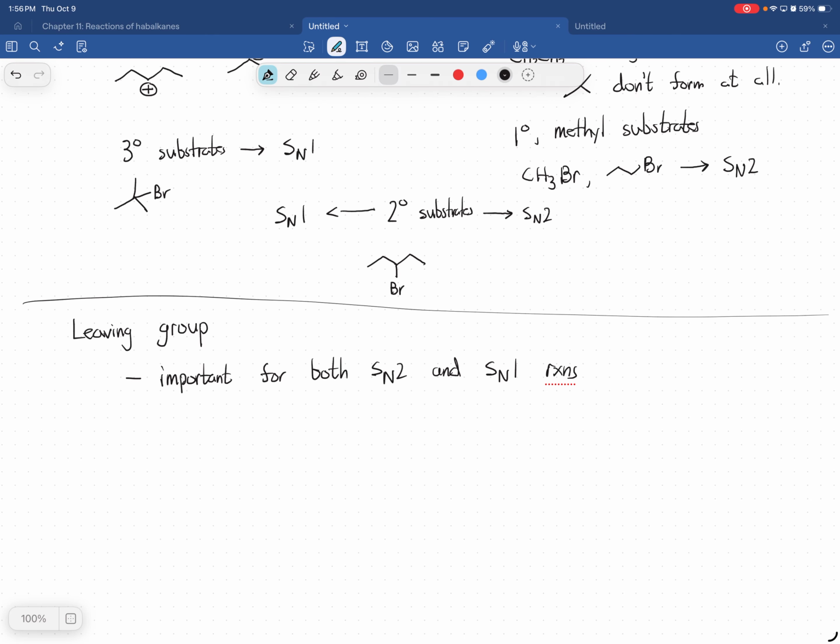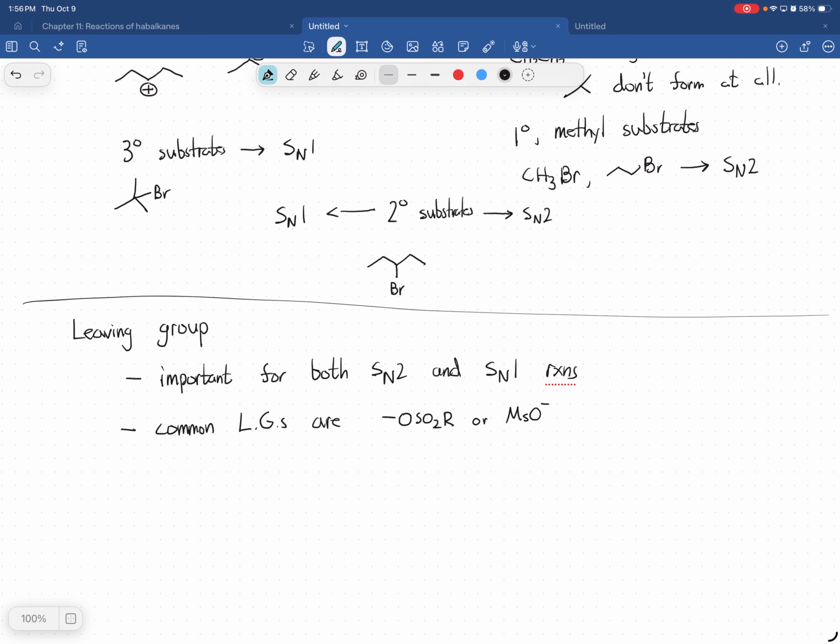Let's recall some of the common leaving groups. For these reactions, like we saw before, the most common leaving groups are the halogens. Some common leaving groups are the sulfonates. Those we went over on Tuesday, and those are still important. They're pretty good leaving groups, like mesylate, MsO minus.